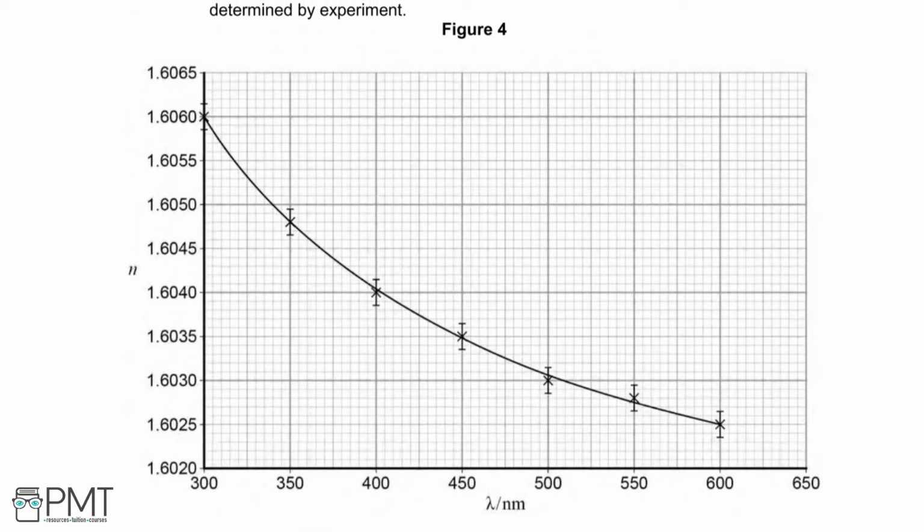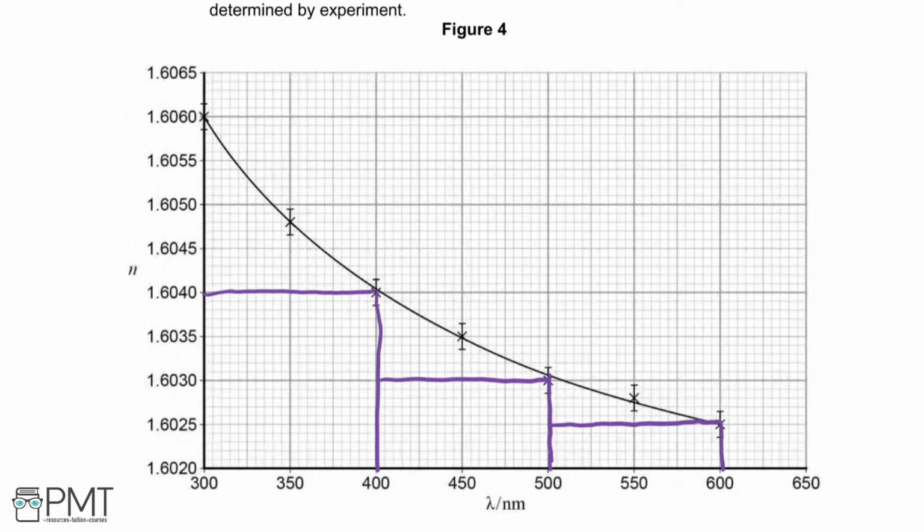Now, what you could say from this is that actually it does appear to half every regular interval as it would do on a radioactive graph. So if we just mark that off, as you can see there, within the first 100 nanometer interval, we drop by 4 units, and in the second, from 400 to 500, we drop by 2 units, and in the third, we drop by 1 unit.